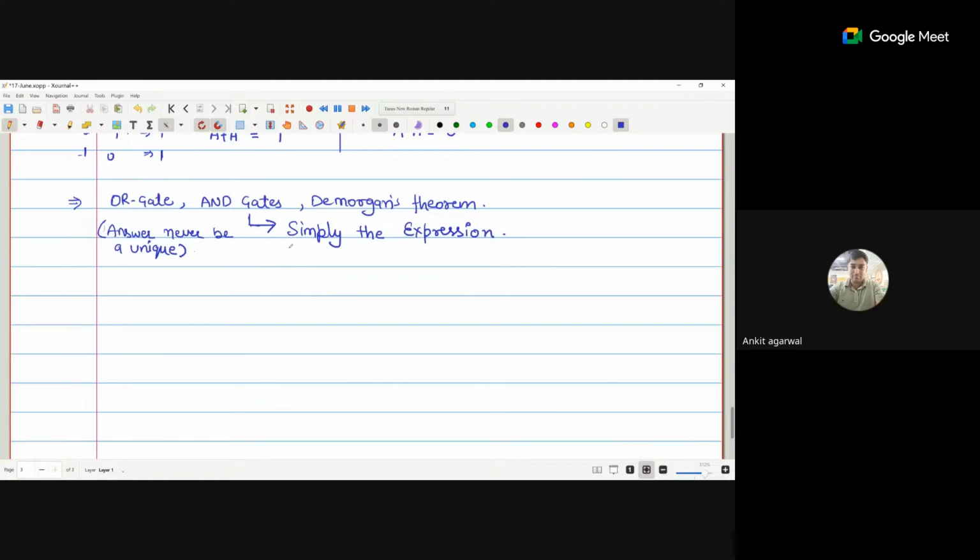Now, why is simplification required? For simplification, in the fifth week we will discuss one tool, the K-map, in the later part. But now we are going to simplify the expression. Why do we require simplification? To increase the efficiency. Any other?